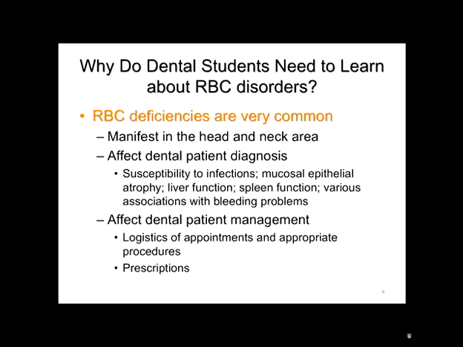They can be more susceptible to infections. You can have epithelial atrophy, which of course predisposes to ulceration. There is an effect on liver function, on spleen function, and then there are all sorts of implications and associations with bleeding problems. So it's very important to understand the basic principles of anemia, types of anemia, and how they interact with the head and neck area tissues as well as other cells in the hematopoietic system.